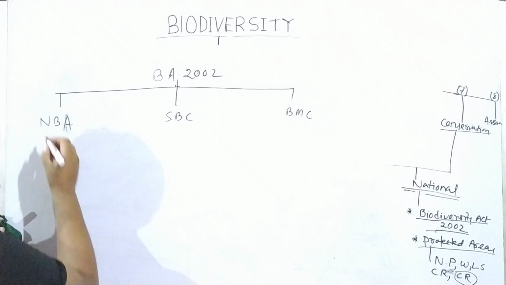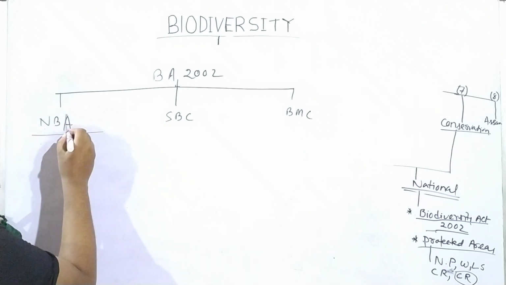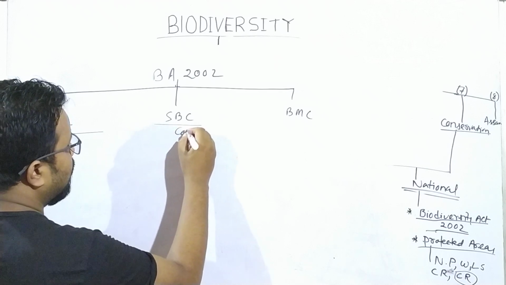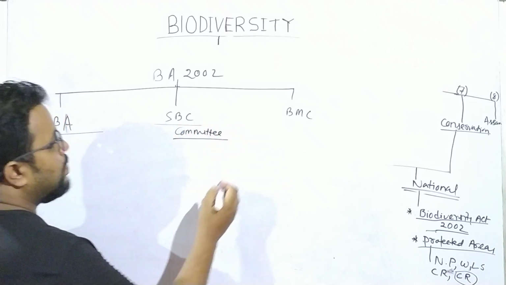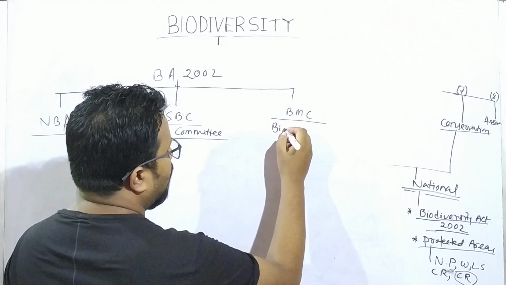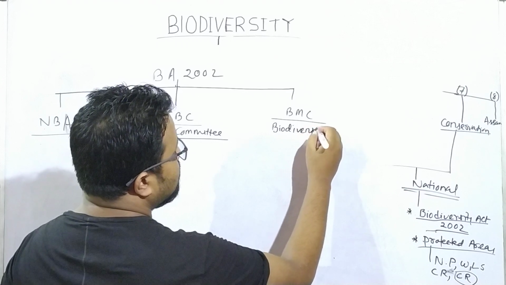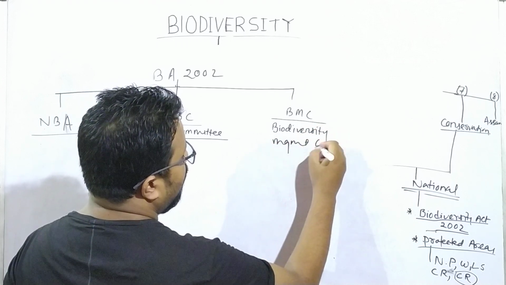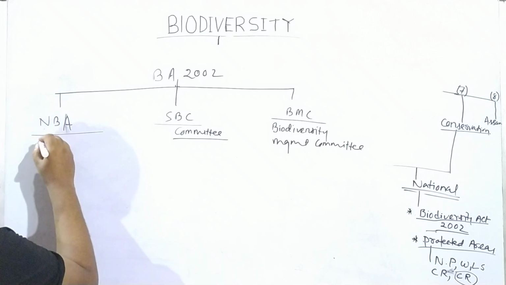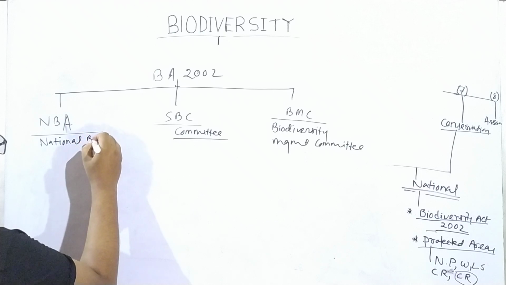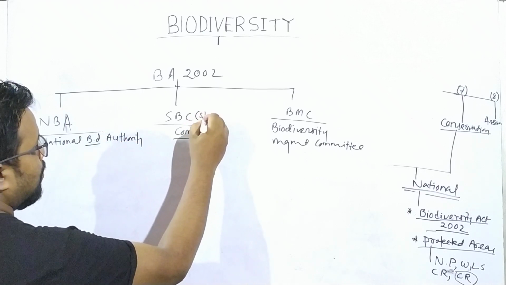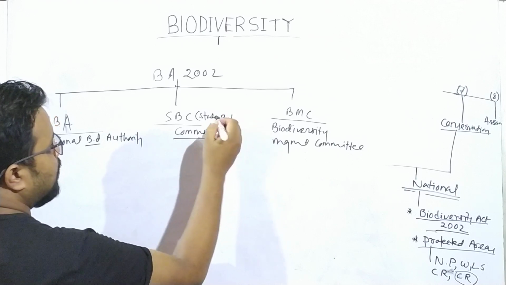SBC means State Biodiversity Committee. BMC means Biodiversity Management Committee. So it is the National Biodiversity Authority, and the State Biodiversity Committee.